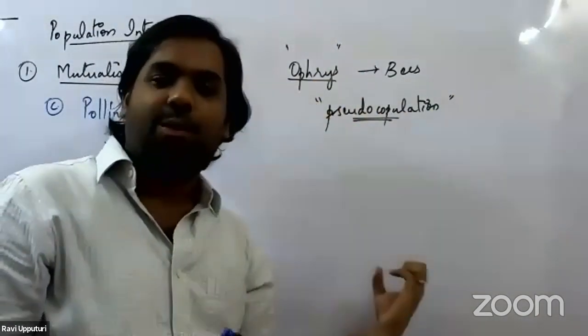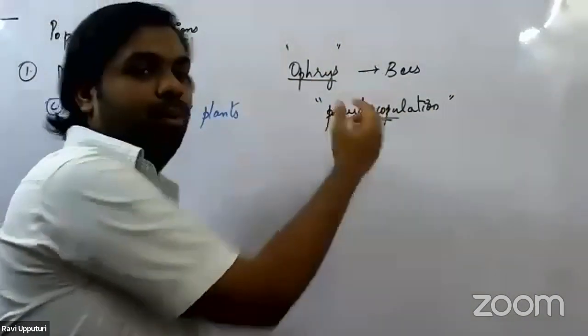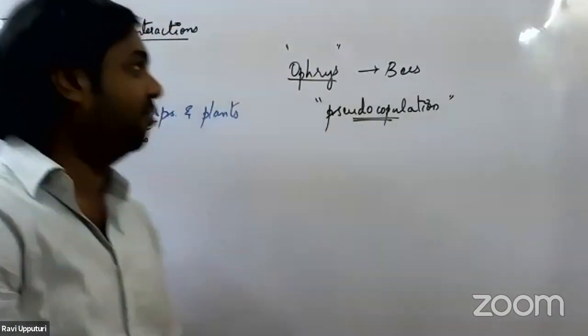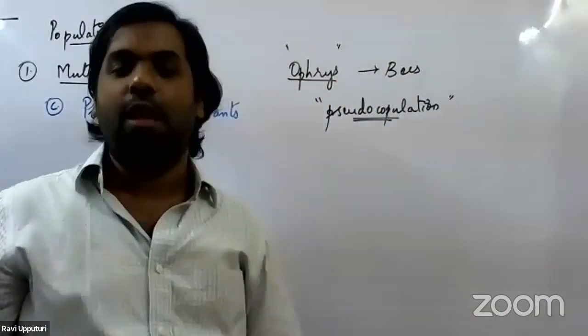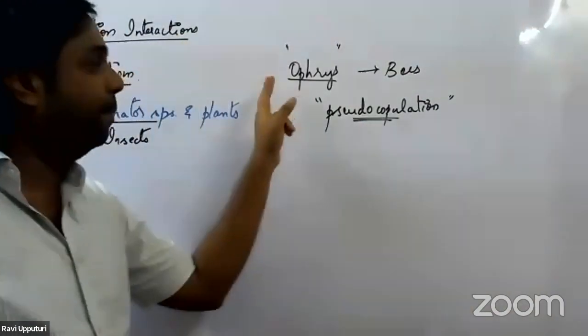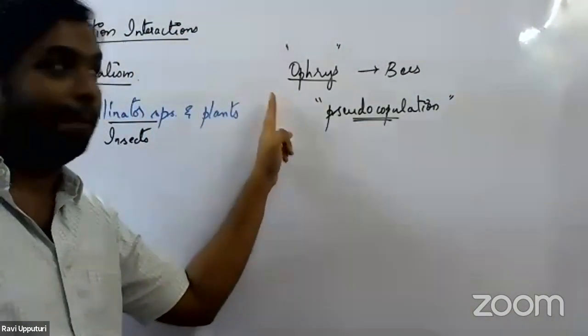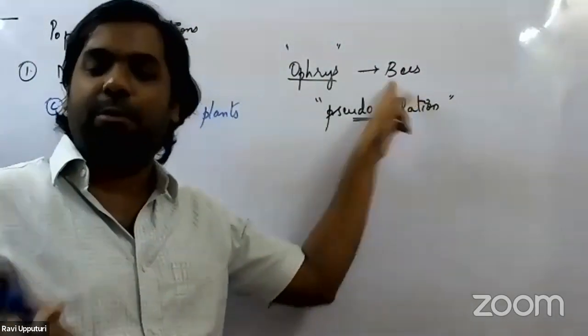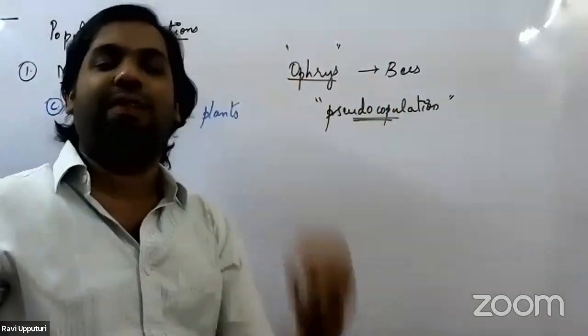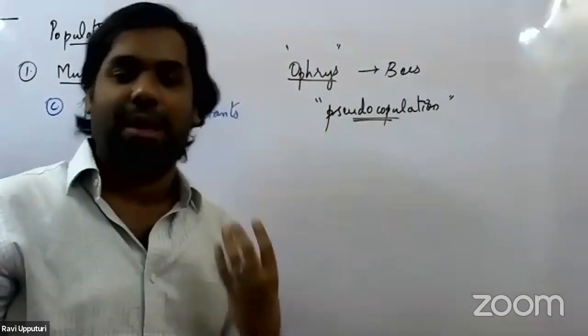So during this time, what happens? This particular male bee will start picking up the pollen grains from this particular orchid, and it would start favoring the cross-pollination. Right. So what exactly is happening here? The plant is getting benefited, but here the animal is not getting benefited. Why is it not getting benefited? Because there is no female there. It is only the flower which resembles the female bee.